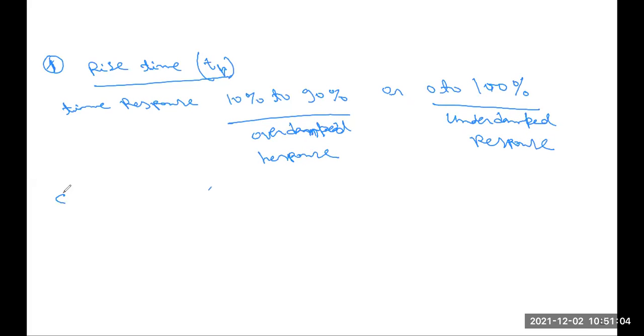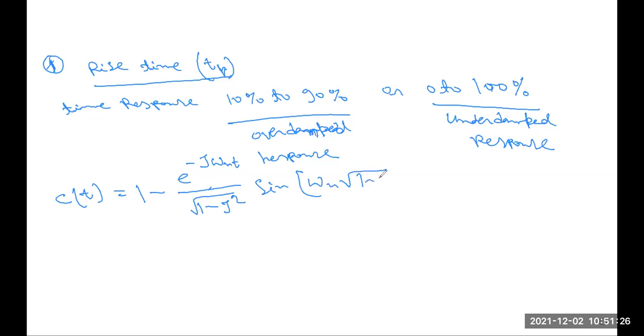So the equation is coming. We know that c(t) equals 1 minus e to the power minus zeta omega n t divided by root over 1 minus zeta square, into sine of omega n root over 1 minus zeta square into t plus phi.